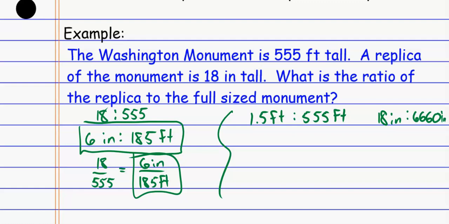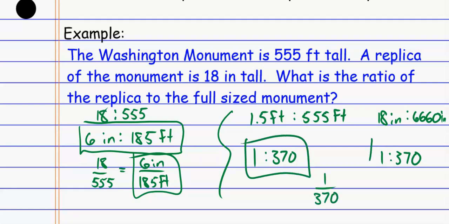What's nice is that no matter which of these units I go to, each of these is going to reduce to the same thing. If I reduce each of these, I get 1 to 370. Here I also get 1 to 370. I could also express that as a fraction, 1 over 370. So I get the same thing each time.